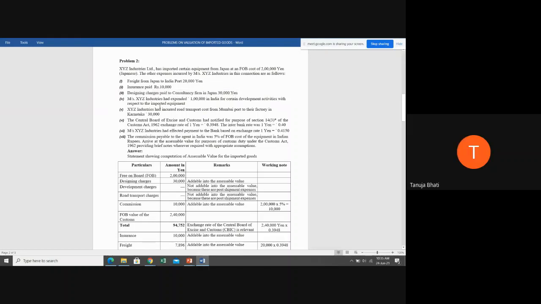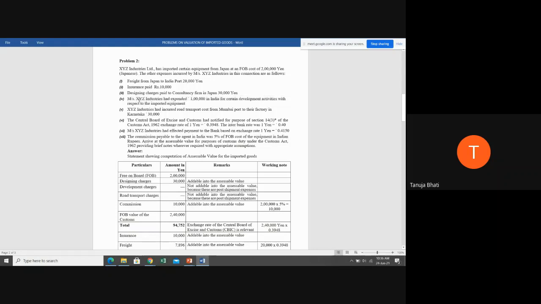Very good. Next. Again, XYZ Industries has expended, that means made a payment of 1 lakh in India for certain development activities with respect to the imported goods. Once the equipment is imported into India, after importation, that is post-importation expenses, it has incurred 1 lakh rupees of expenditure for that equipment.